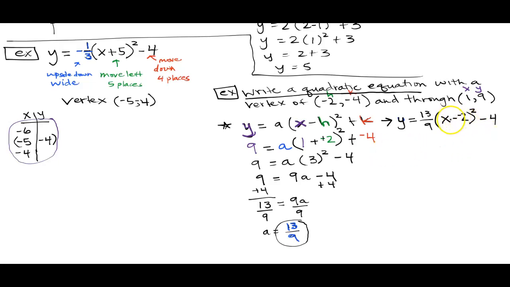You could simplify this so it says x plus 2, because minusing a negative is really plus. So y equals 13/9 times x plus 2 squared minus 4. That would be your answer. That's how you would leave it.